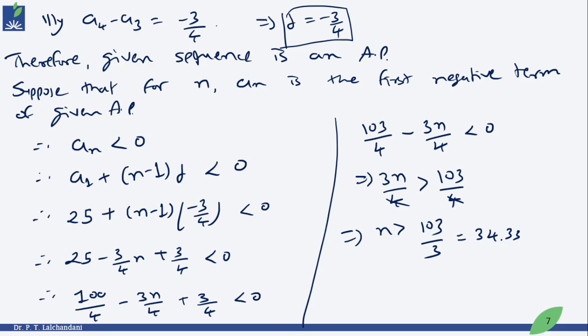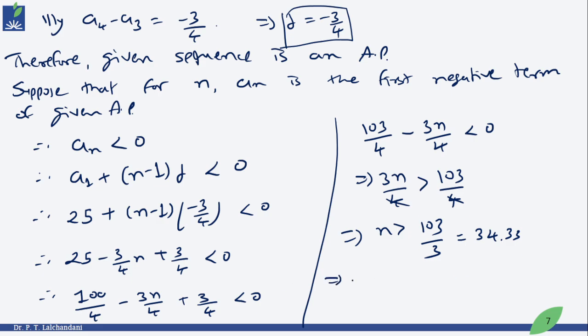And we know that the value of n will always be 1, 2, 3, 4, 5, like this, some natural number. Obviously the first natural number after 34.33 will be 35.